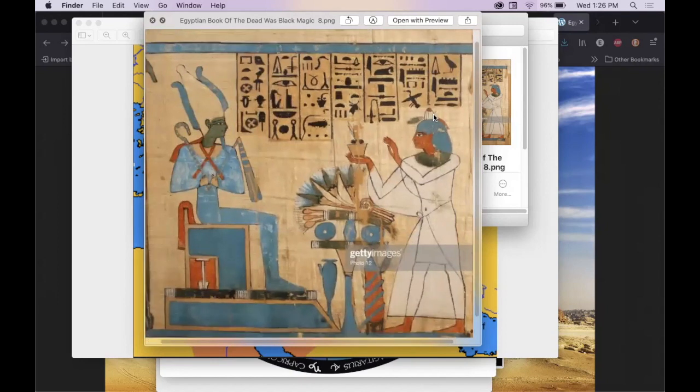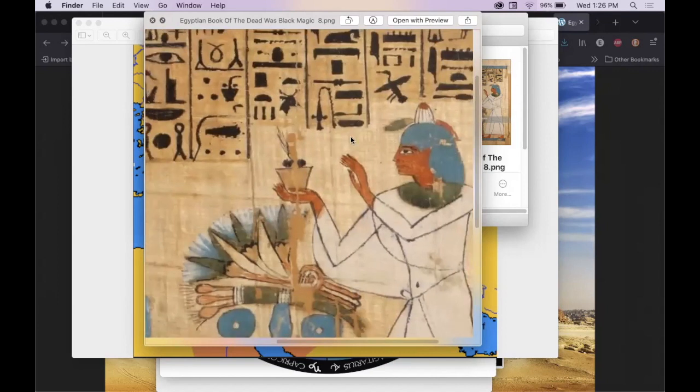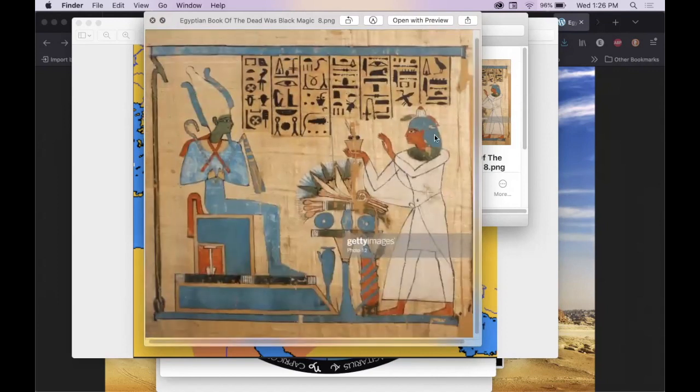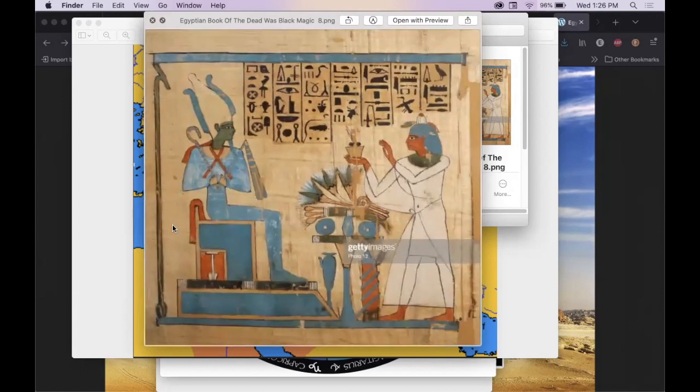I haven't figured out what this is on their head that they're wearing, but I'm sure the blue is also significant. But this little staff thing, this rod over here, is a common feature in a lot of these different images that I've come across.